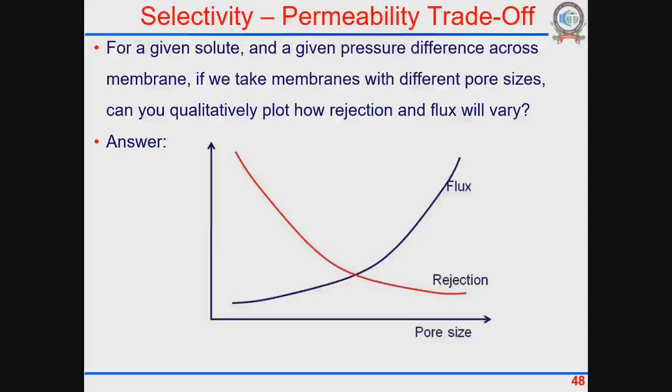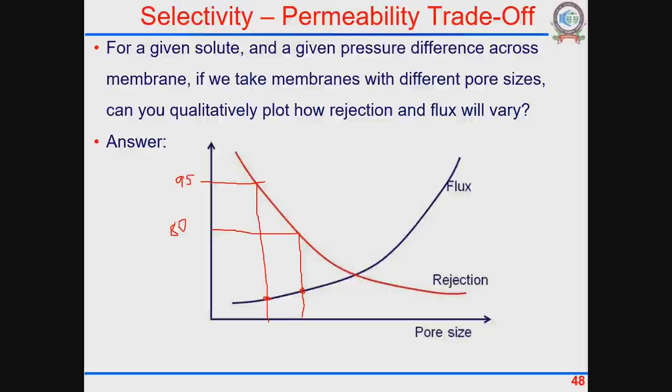Let's say I want 99% or 95% rejection. I will choose a membrane that will automatically limit my flux to this value. Whereas if I take 90% or 80% rejection, it will allow me to have a higher flux through the membrane.